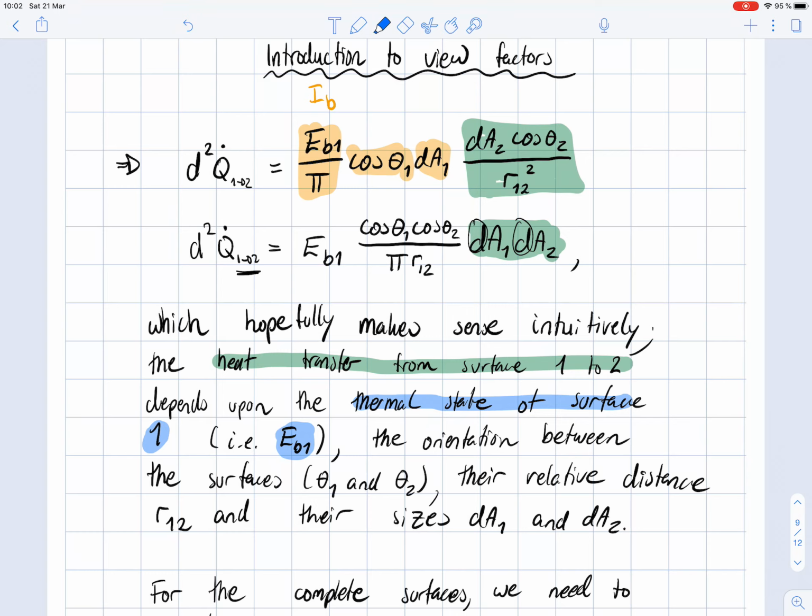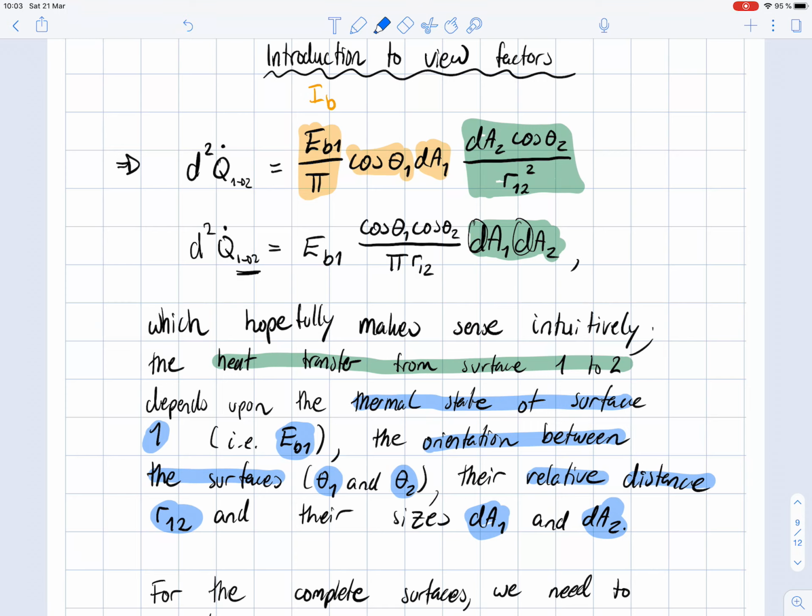It also has to depend upon the orientation between the surfaces. That means it should depend upon both theta 1 and theta 2, because they can have their independent orientations along some axis. The distance should also be important, or the relative distance between the surfaces. And of course also the sizes dA1 and dA2.